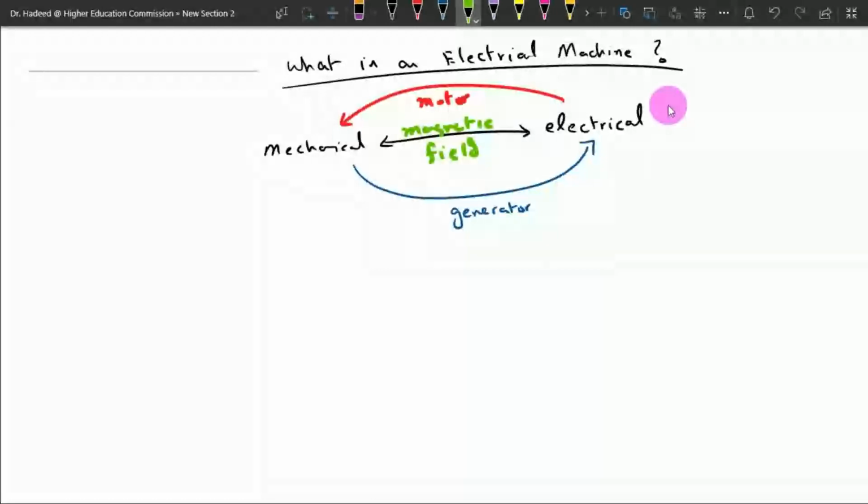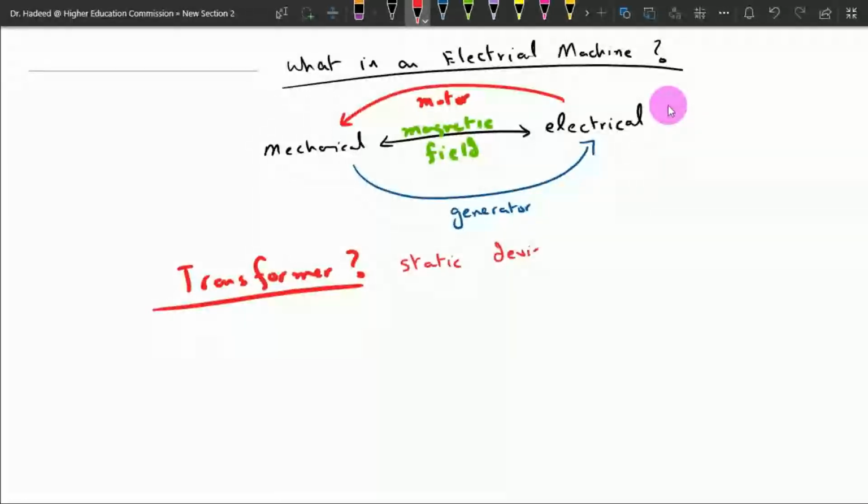Now, notice here that when we say we have a conversion of mechanical power into electrical power and vice versa, the transformers do not come into action. So, where do the transformers fit in this particular course? You see, although a transformer is a static device without any moving parts, the input port is electrical and the output port is electrical.